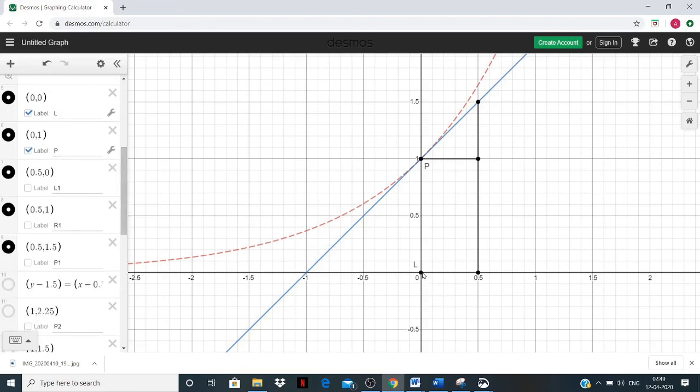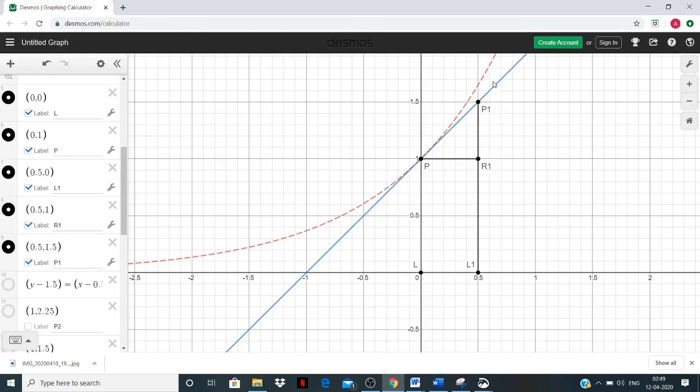As you can see over here, we have L0, P0, then we have L1, P1, and we have this point R1. We have to find the value of P1. We'll use this tangent line to find the value of P1.